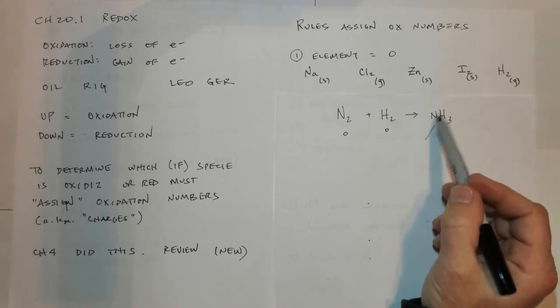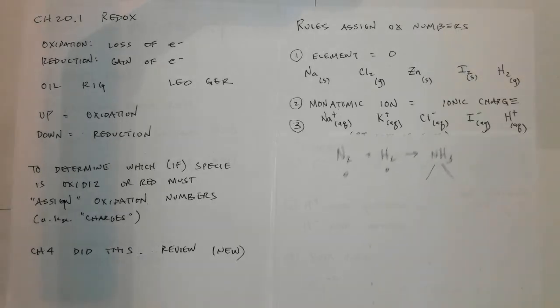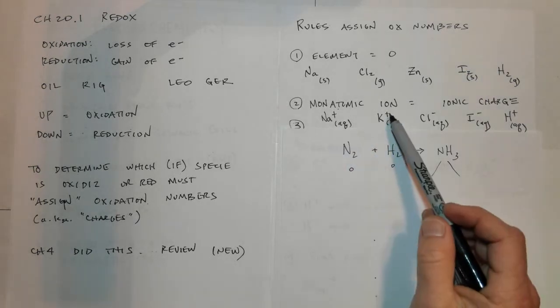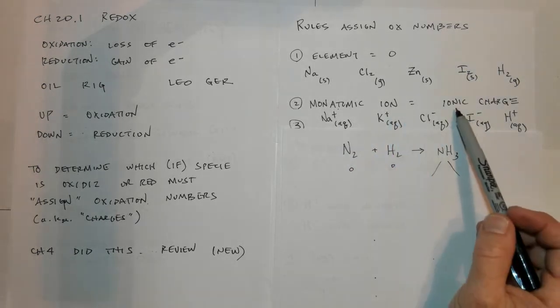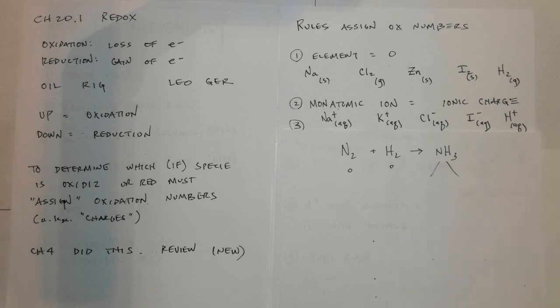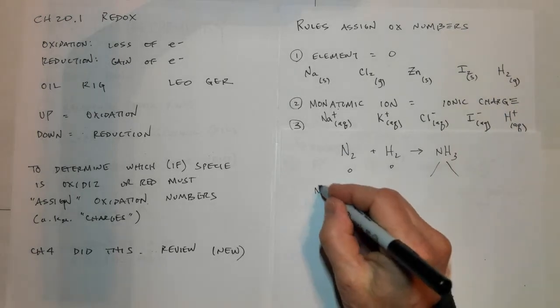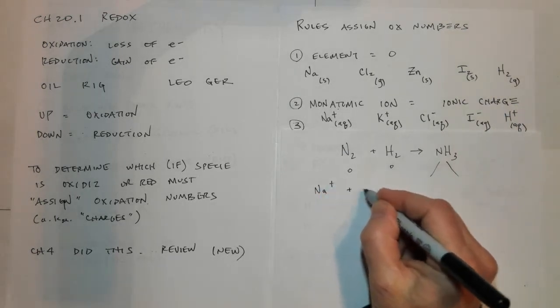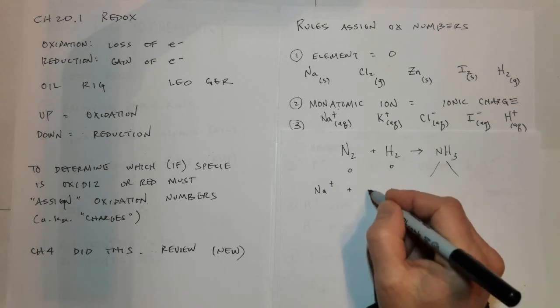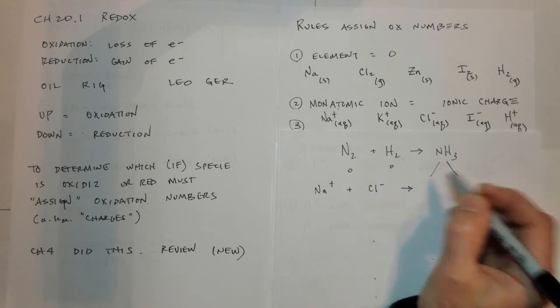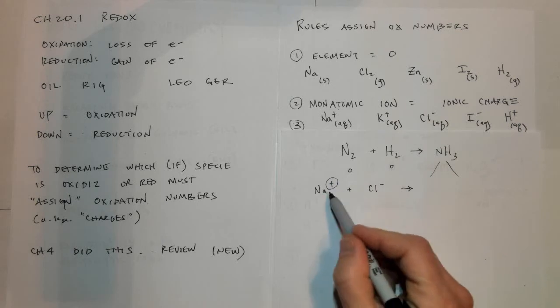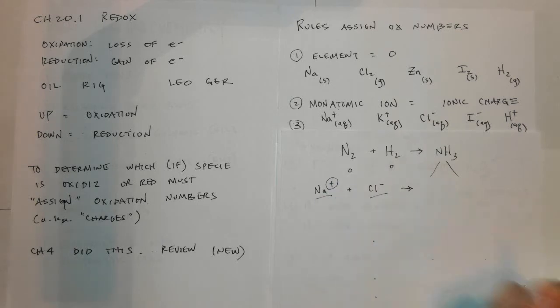They're with something else. The second rule is what's called the monatomic ion rule. A monatomic ion is its ionic charge. And so if you see a net ionic equation like Na+ plus Cl- goes to, so these would be positive 1 charge, this would be negative 1 charge.